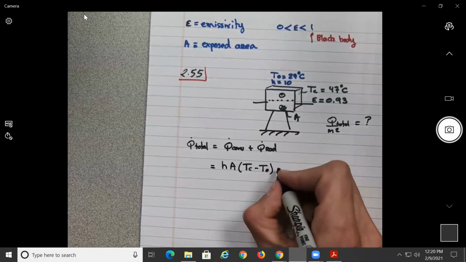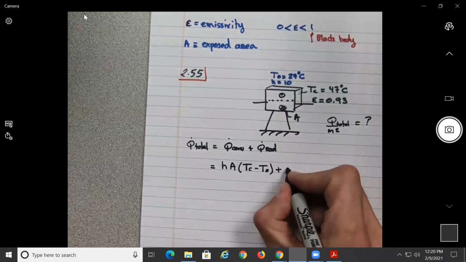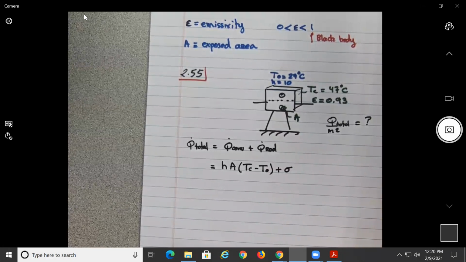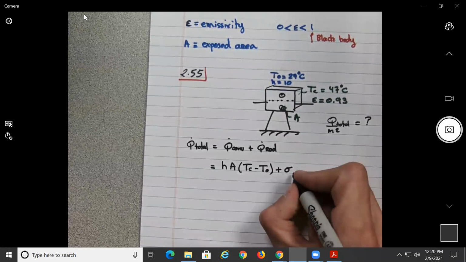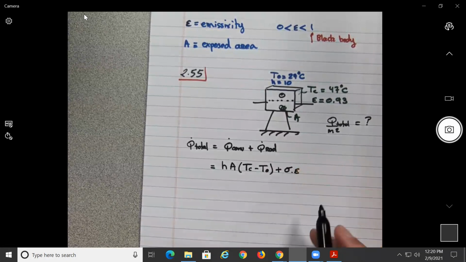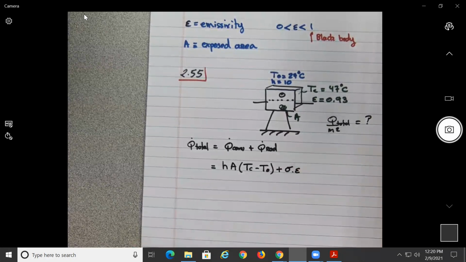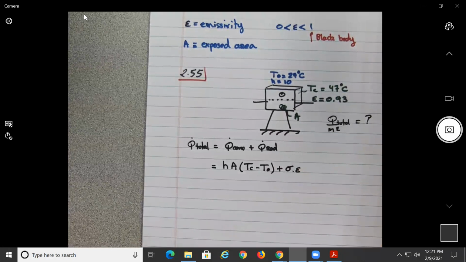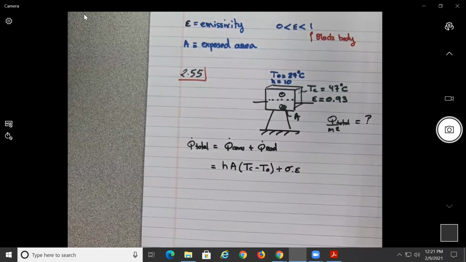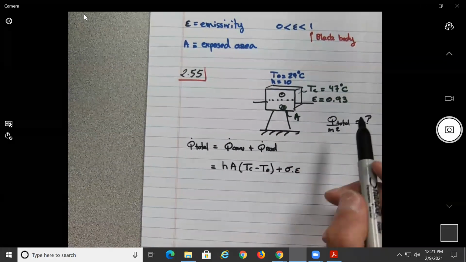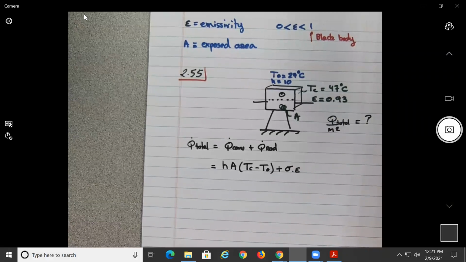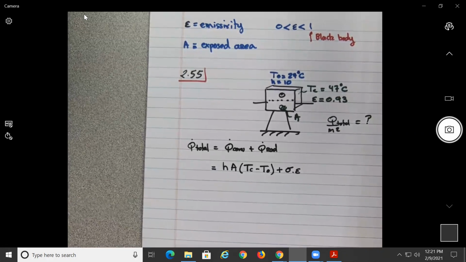Now, what do we know about the radiation? It should be equal to the Stefan-Boltzmann constant, sigma, times epsilon, the emissivity of the grill that they say is 0.93, so probably it's painted in black. Why do you want the barbecue to be in black? Because maybe it's going to absorb more heat from the sun and it's not going to lose heat that fast, no? Due to radiation. Okay? All right.